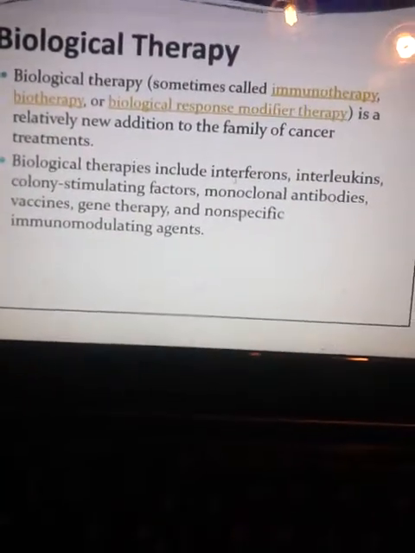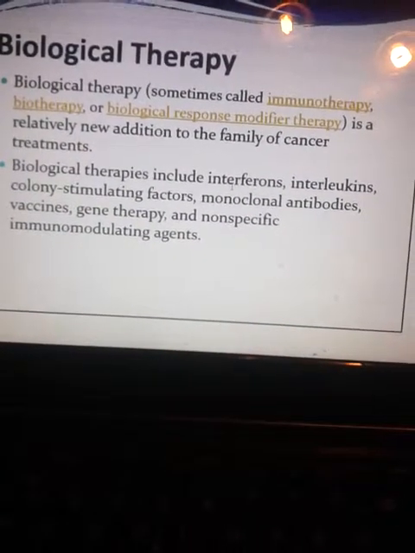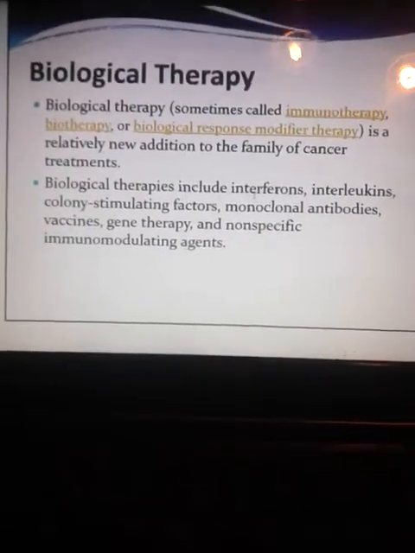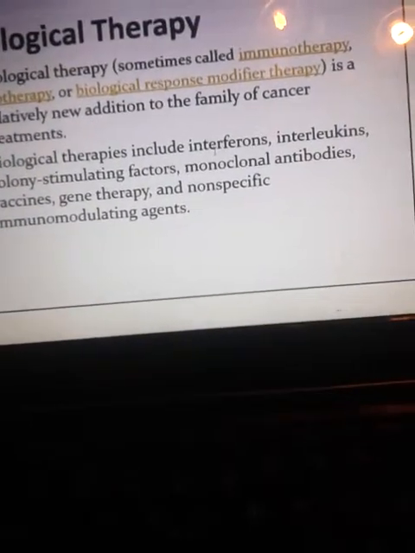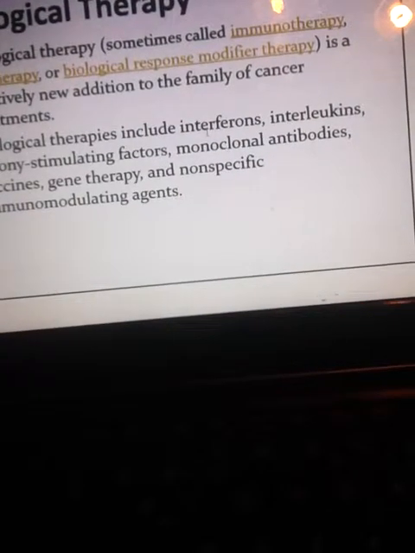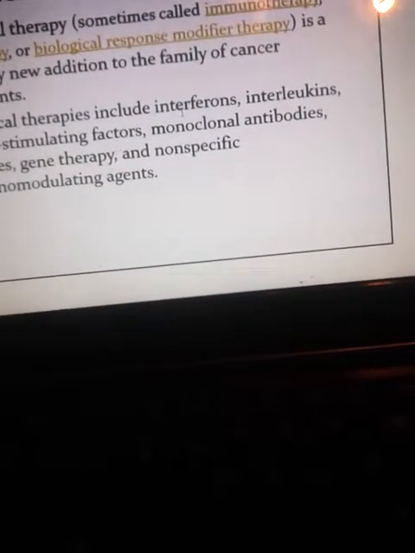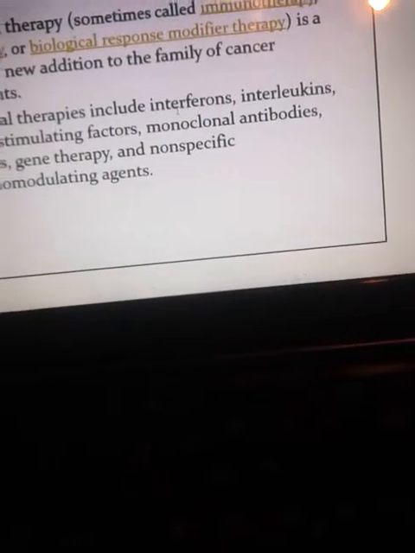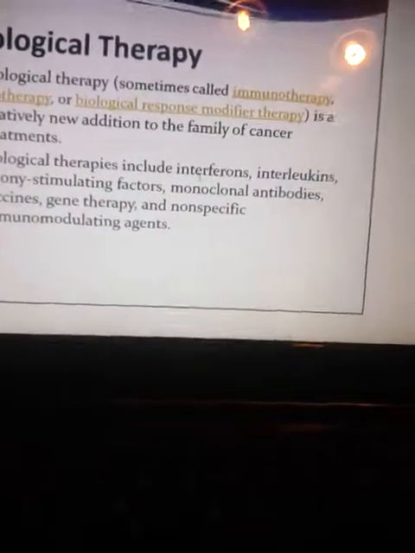Interferon, interleukin, CSF, monoclonal antibody, vaccines, gene therapy, and non-specific immunomodulating agents are all biological therapy.